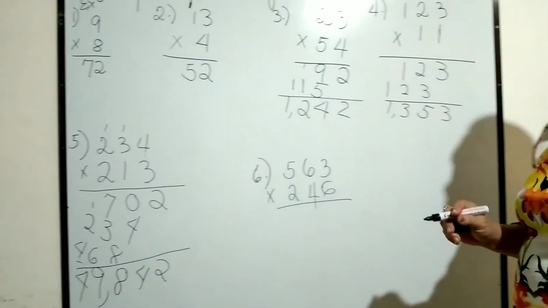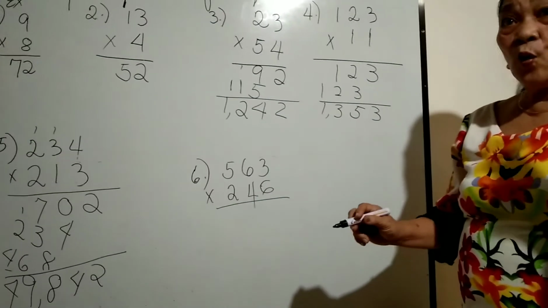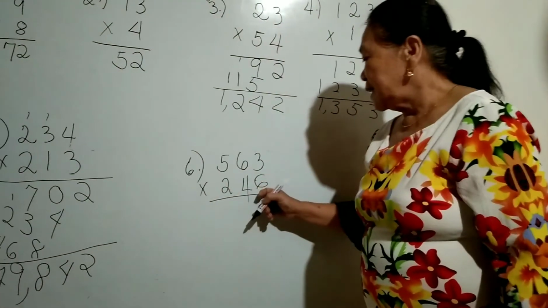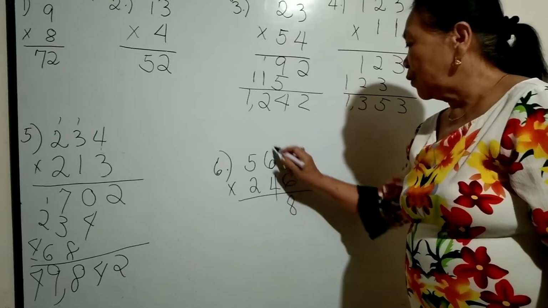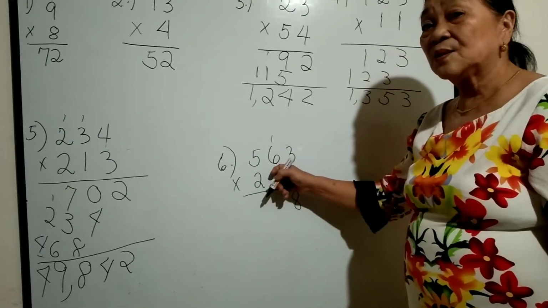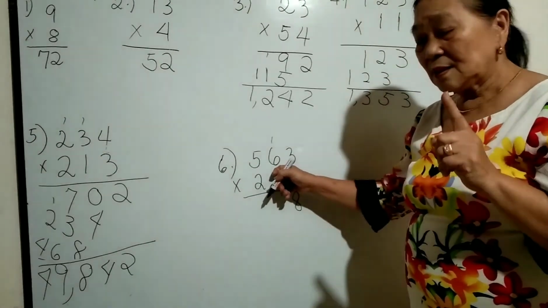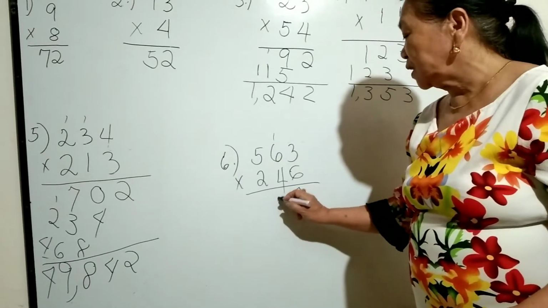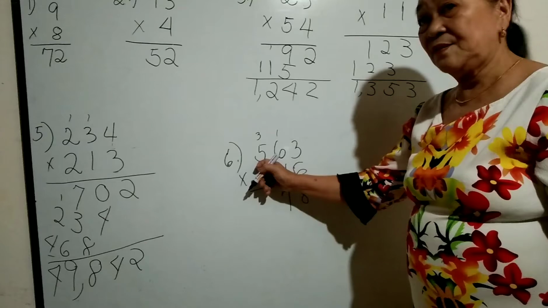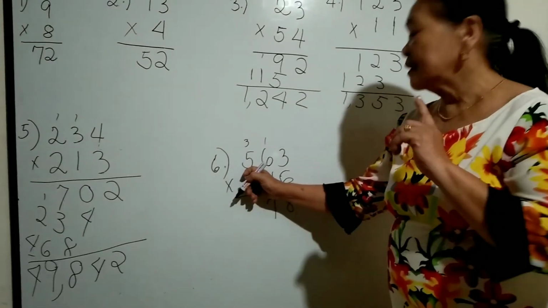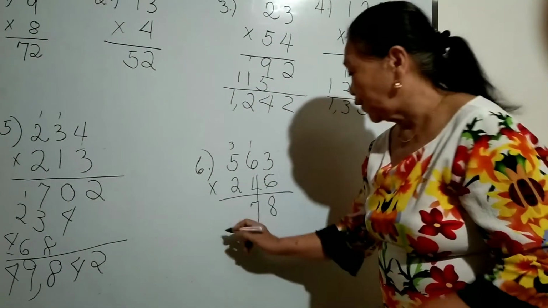Okay, this is the one. Try this. We will do it slowly. 6 times 3, 18. Carry 1. 6 times 6, 36. Plus 1, 37. 3. 6 times 5, 30. Plus 3, 33.